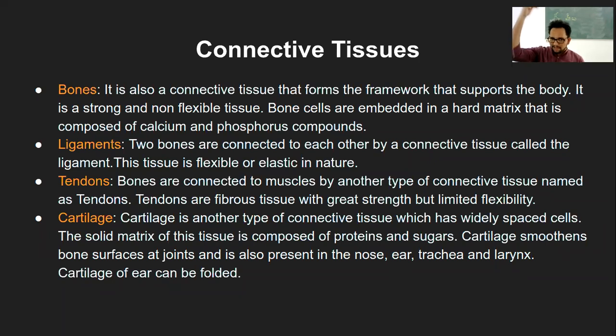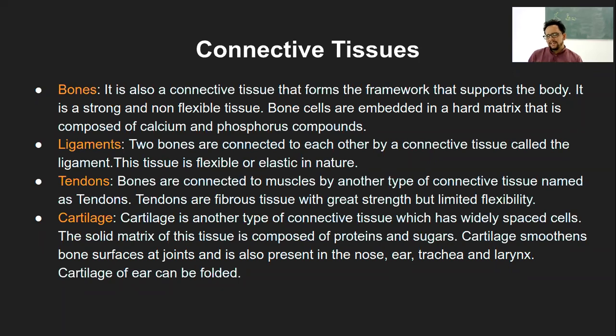It also has muscles to some extent, because the trachea is just the way for the air, called the windpipe. That windpipe also has muscles along with this cartilaginous tissue.